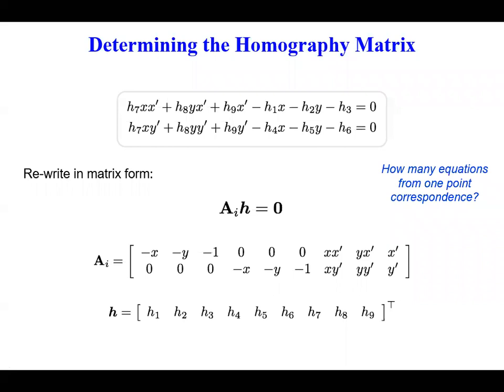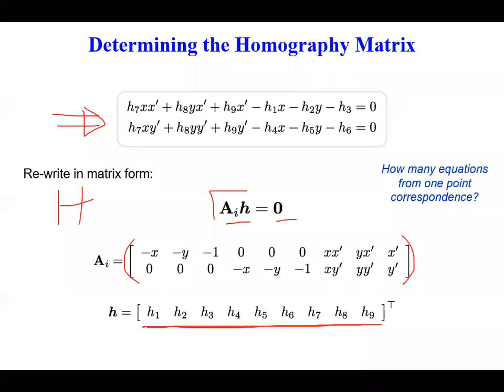In the previous slides, we already showed that we can write the homography matrix in this form, and then we can easily transfer this to the matrix form as A multiplied by H is equal to 0, where A is equal to that, and H is all of the variables in my H matrix.